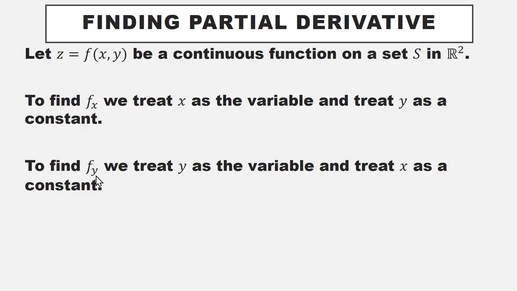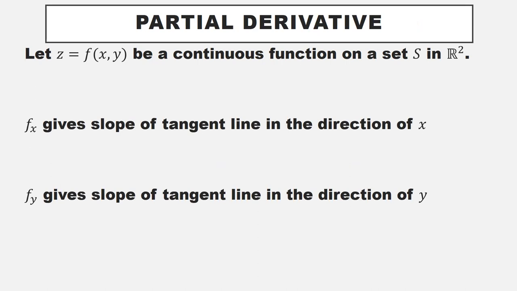And then we say, let's pretend that my function is a single variable function in y, treat y as the variable and everything else as a constant. Sometimes that takes a little bit of work to get used to, but once you get used to it, it goes fairly straightforward.